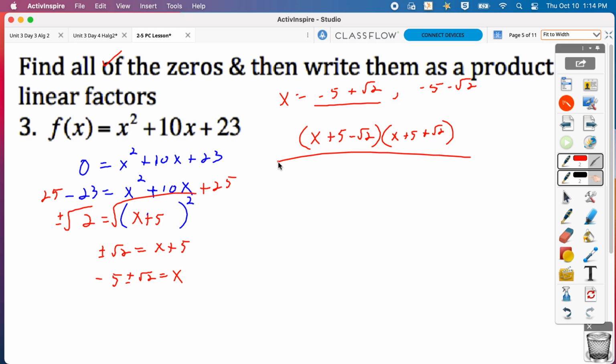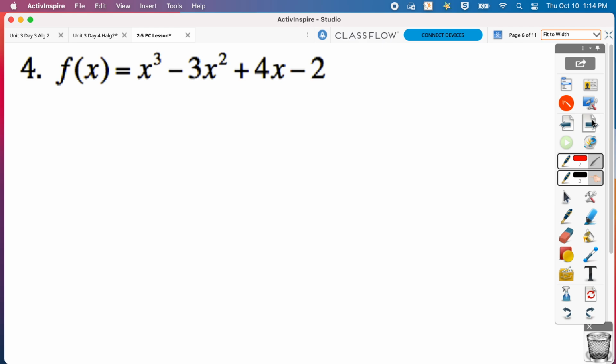All right, last one before we go to the next slide. Number 4. F of x equals x to the third minus 3x squared plus 4x minus 2. I don't know how to factor that. But I need to find up to 3 answers, and I have to find 3 factors. So since I can't factor it, I'm going to do plus or minus p over q.